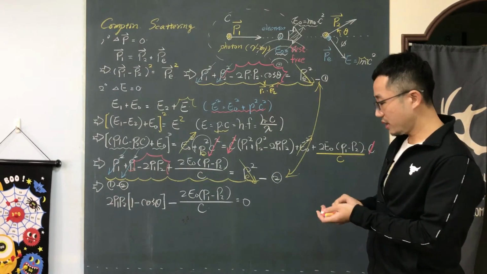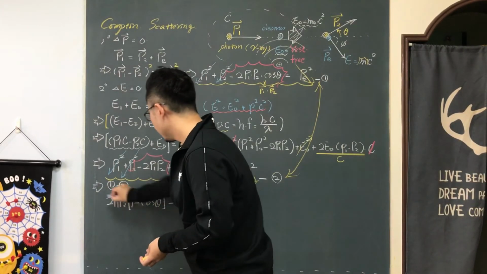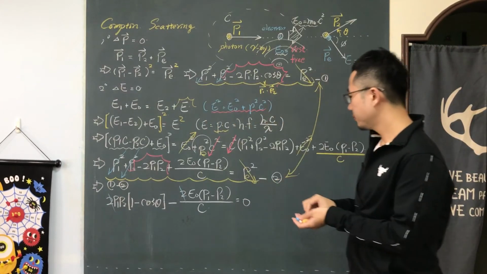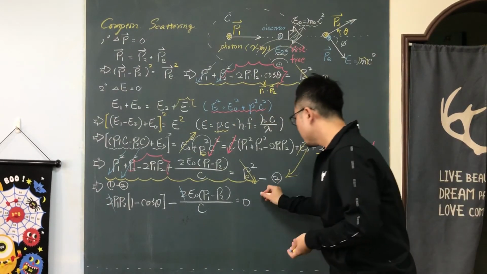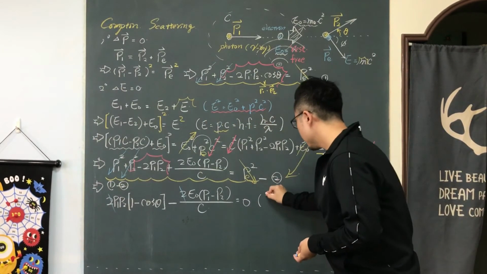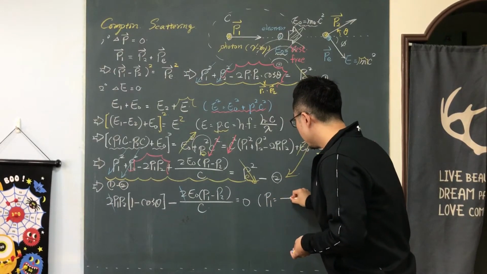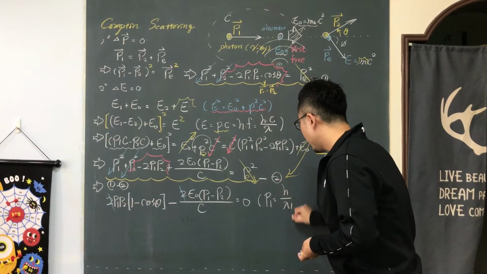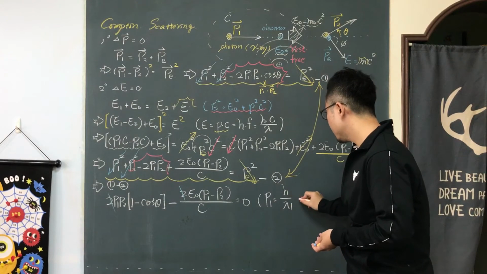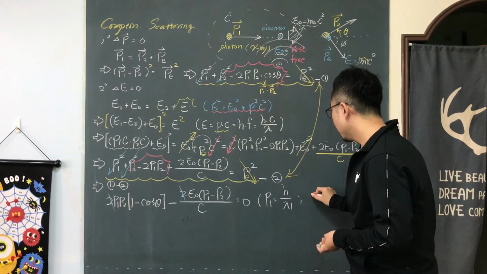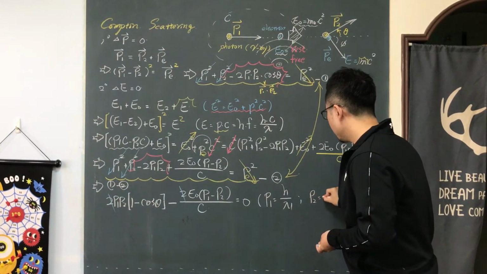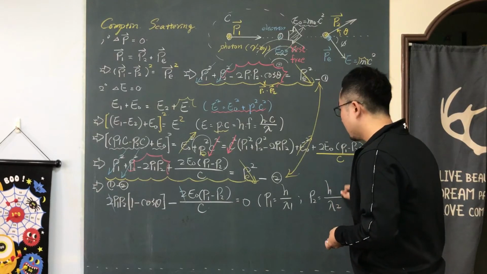But what is more, I can cancel the 2. And let me remind you, what is the momentum P? The momentum P is equal to Planck's constant divided by the wavelength. So P1 is equal to h divided by lambda 1, and P2 is equal to h divided by lambda 2.